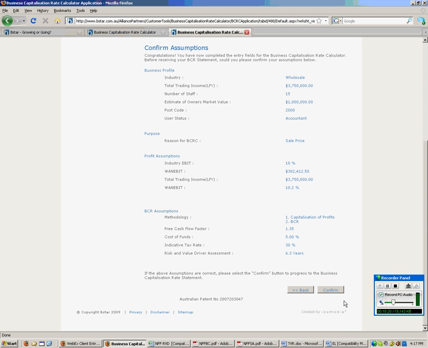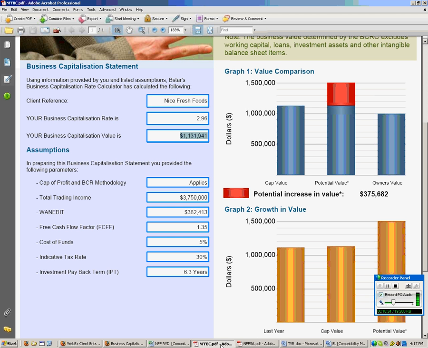The calculator produces a one-page statement listing the value, the profit multiple, and agreed assumptions.